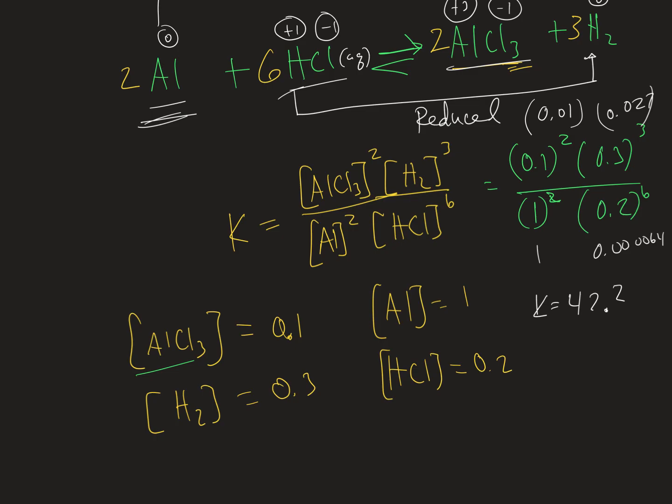Okay. I've got it now. My answer is 4.22. Did I do it wrong? I used a cell phone. And what I heard you say was 0.1 on the top. It should be 0.01. Yeah, it's 4.2.